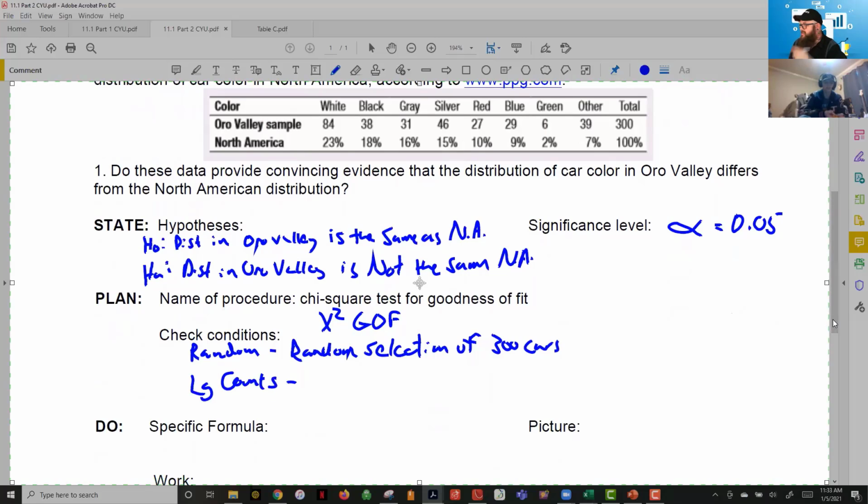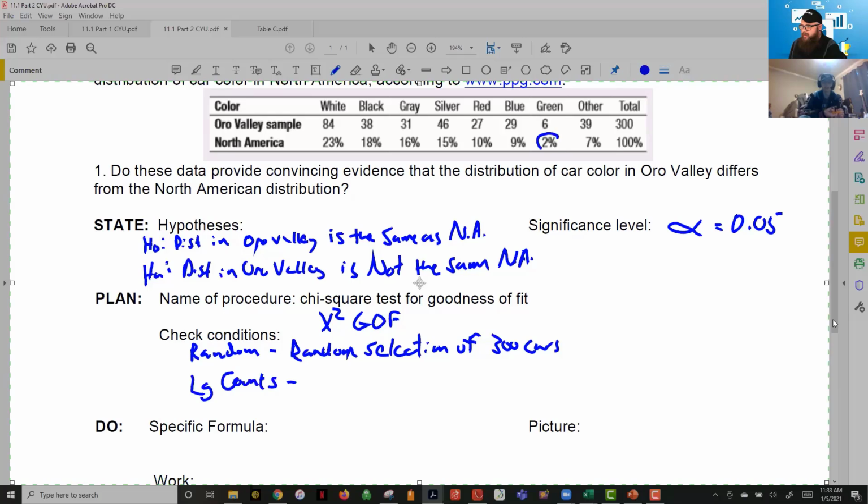In this case, we need to see that all the expected counts are greater than or equal to 5. The easiest way to do this is to take your lowest expected value. In this case, the lowest value looks like it would be 2%, as far as the percentages up here.